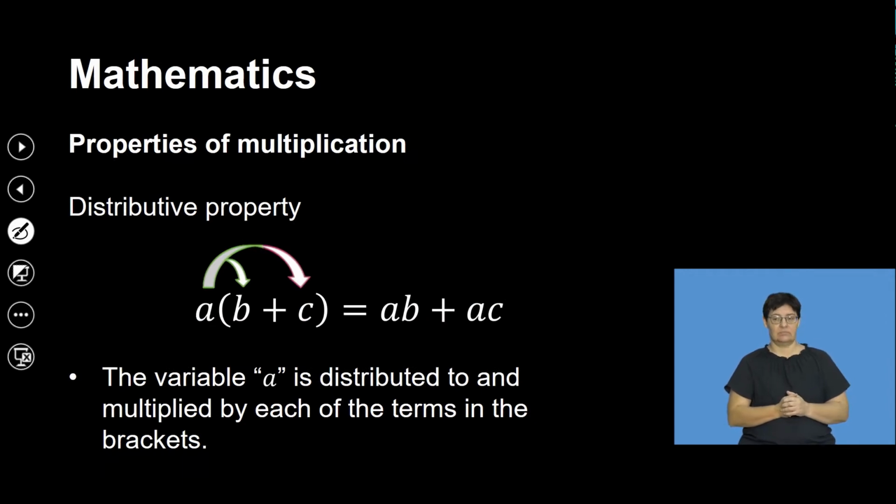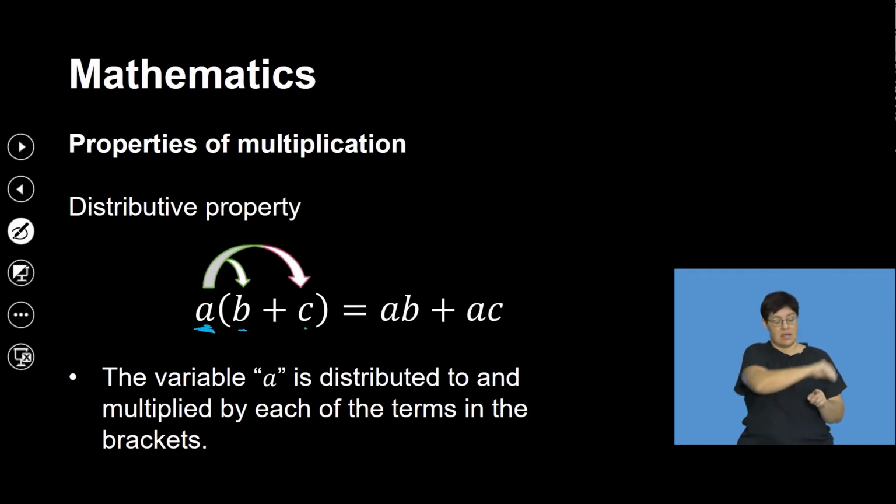Now, the properties of multiplication. Remember the distributive property, especially in algebra, says that when I have a term outside the bracket, I need to distribute it using multiplication to the terms inside the bracket. Hence, it's going to be the a multiplied by the b, which gives me ab.